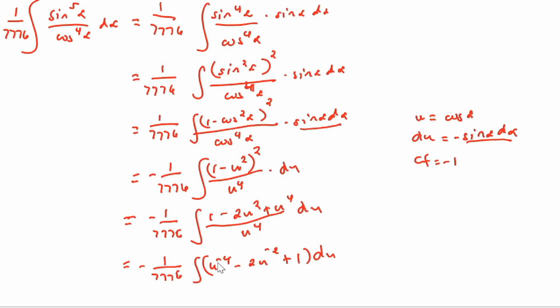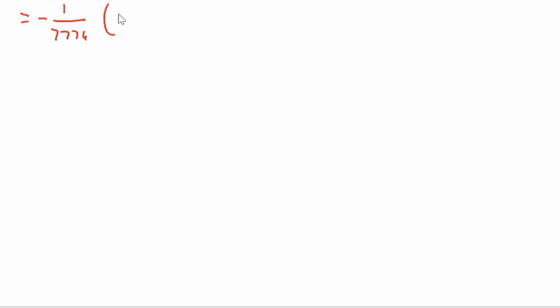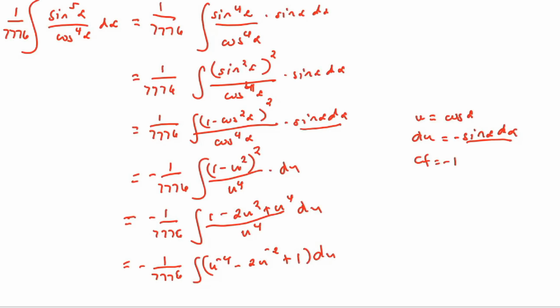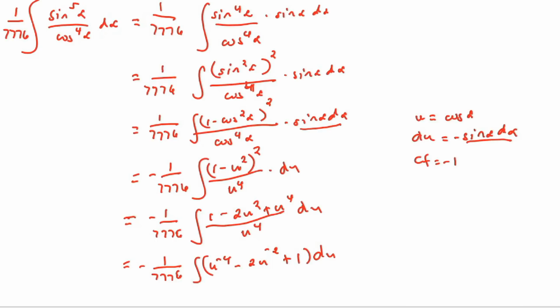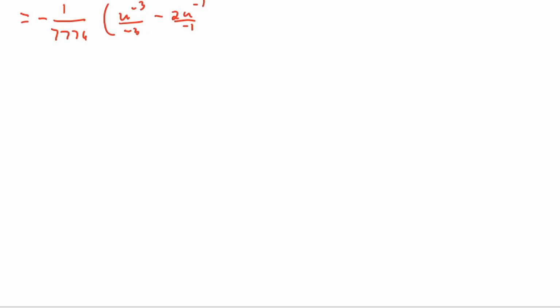We have u to the power of negative 4, so the integration of that becomes u to the power of negative 3 over negative 3. In the next term, we have negative 2u to the power of negative 1 over negative 1. In the next term, we have the integral of 1 du is just equal to u, so plus u, then plus a constant.